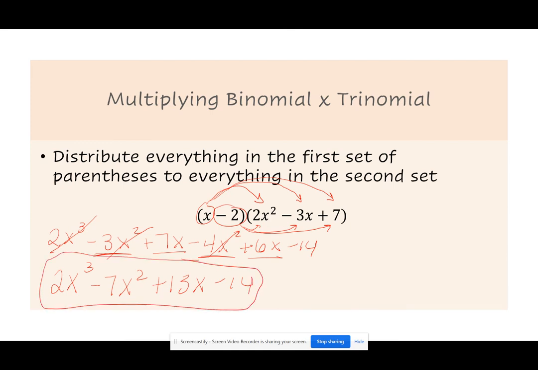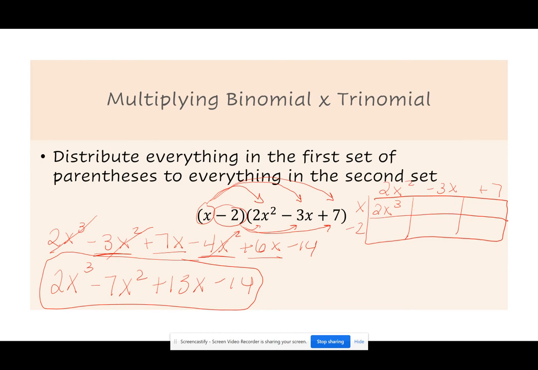Now you could also do this one with the box method, but it would just be a rectangle. So across the top we have that 2x squared minus 3x plus 7, and down the side we have x minus 2. So this first box is 2x squared times x, which is 2x cubed.